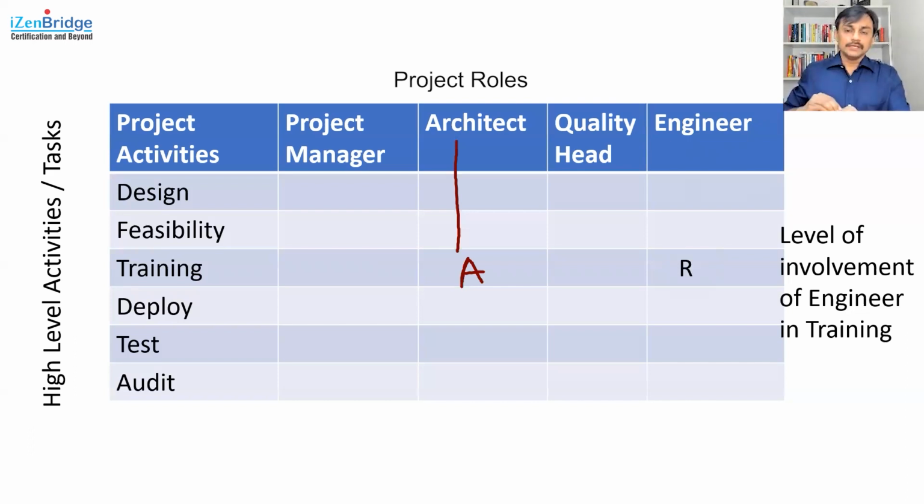Accountable is more associated with who owns that work, who ensures that this work gets done. If something goes wrong, who owns it? I am accountable for getting this done. Now, when I'm accountable, I may not necessarily execute that job myself. I can give responsibility of executing that particular job to someone else, but it will still be my accountability.